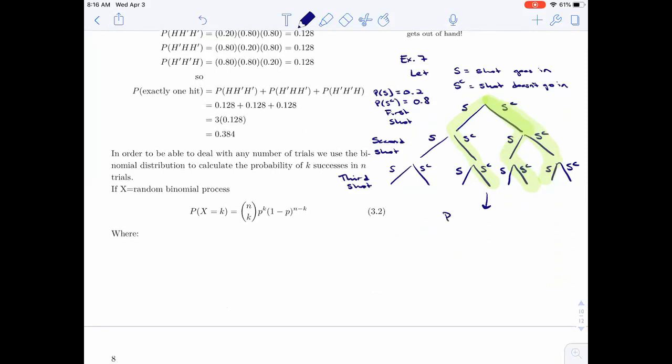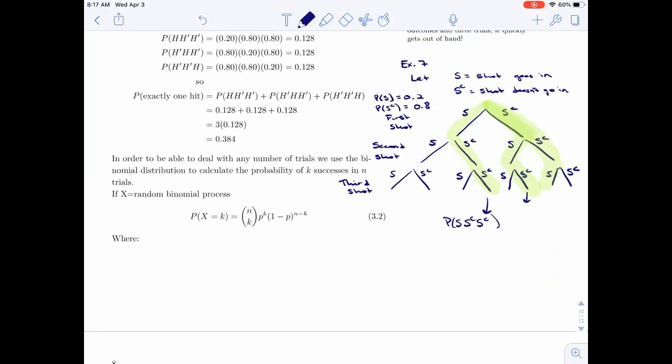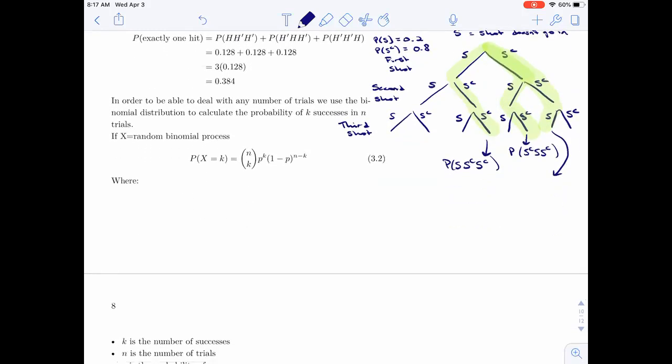We can look at the probability of S, not S, not S. The probability of not S, S, and then not S. And then the probability of not S, not S, S.